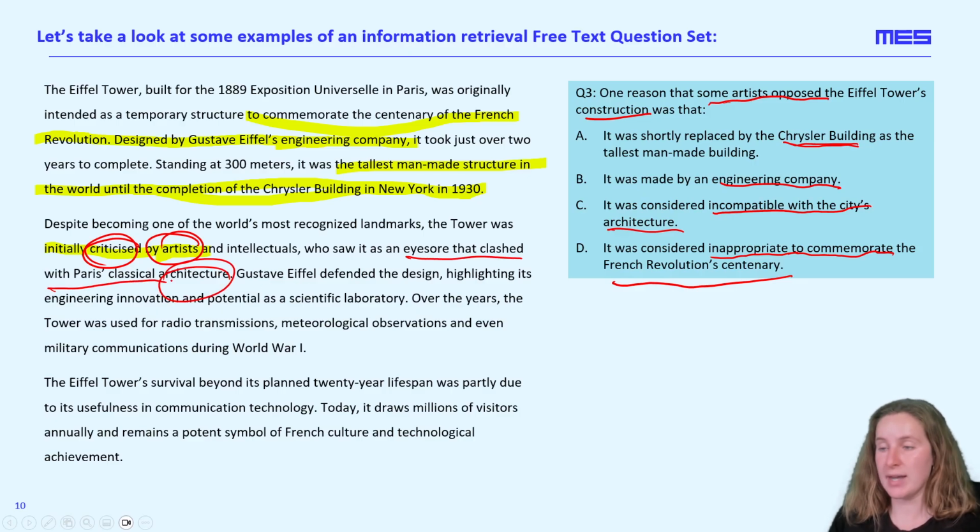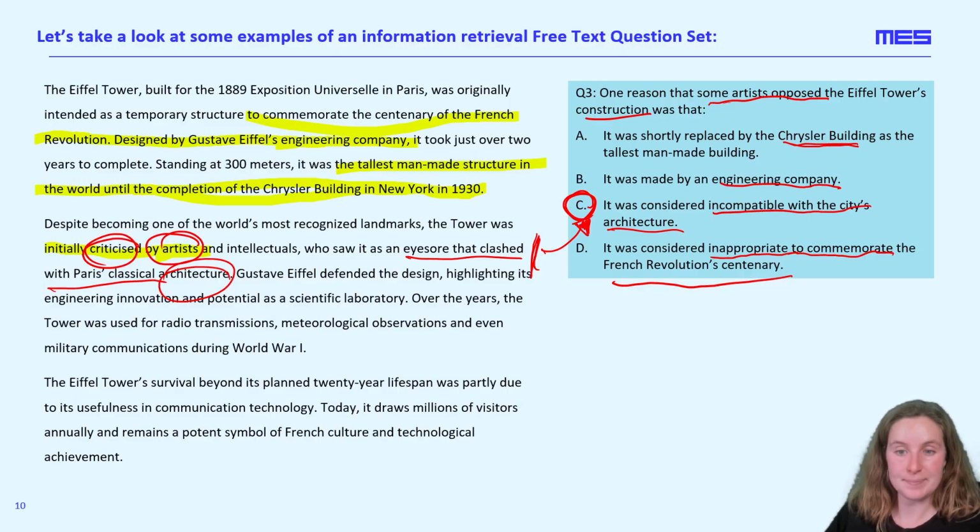So 3 key words there lead us right to the correct answer, which is that it was considered incompatible, another word for an eyesore that clashed with the city's architecture there. These other ones are all facts in some cases, in that it was replaced and that it was made by an engineering company, or conjecture, opinion, but none of these link to why the artists in particular opposed it. It was because it was an eyesore compared to Paris's architecture. That links us straight to C.